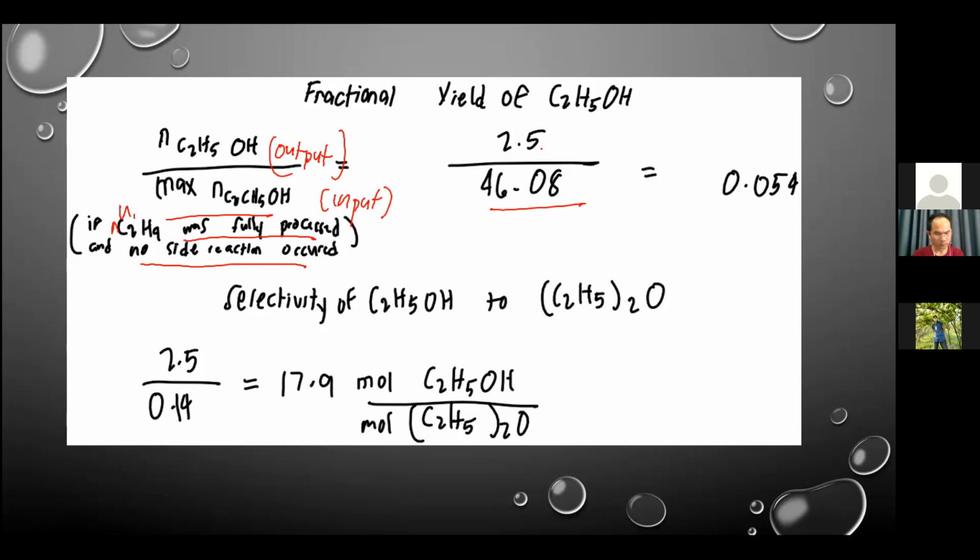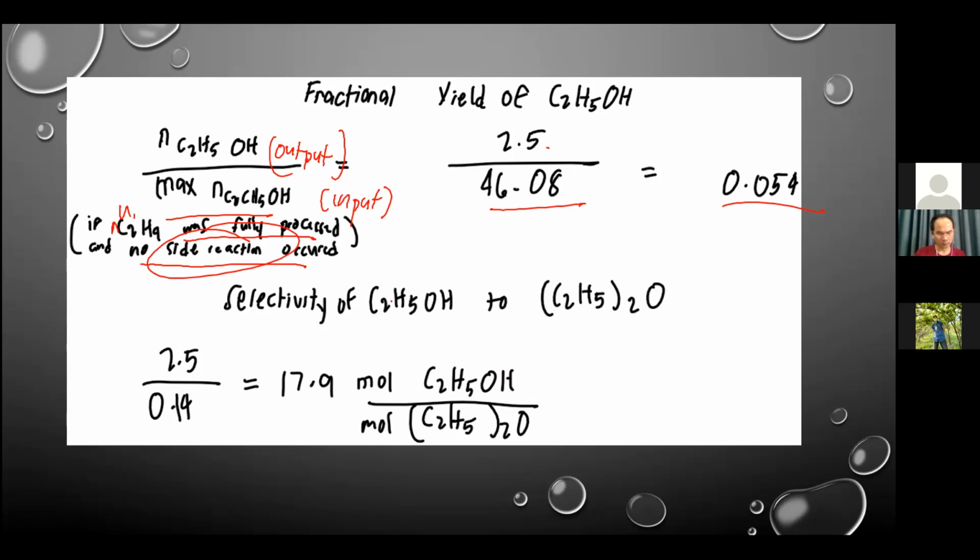So we're going to divide the 2.5, which is the output, over 46.08, which is the maximum input if there was no side reaction. So 2.5 over 46.08 is 0.54. And then lastly, we need to know the selectivity.